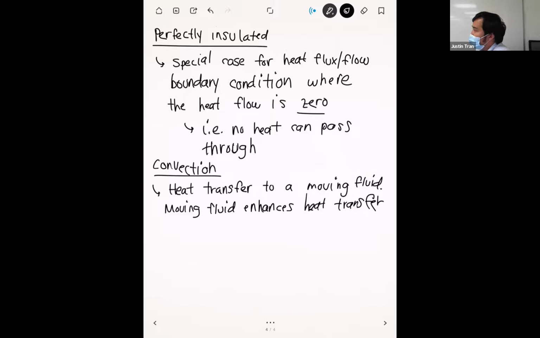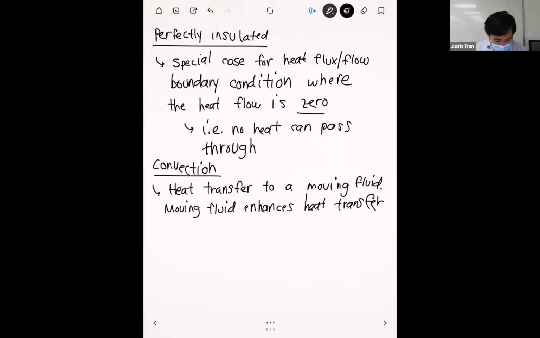Whenever there's wind blowing, it always feels colder than what it actually is because of the wind chill factor. The wind chill factor is nothing more than just convection. Even though the temperature outside may not be that cold, if the wind is blowing, then your body is losing a lot more heat than if the wind were still. Because of that enhancement by convection, it feels colder than it actually is.